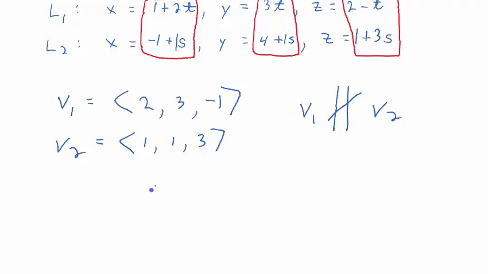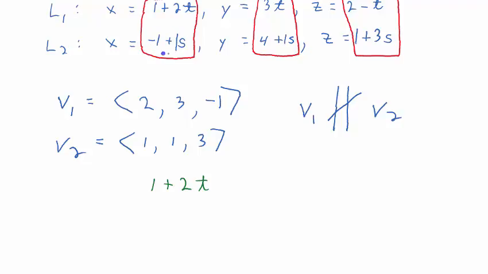Okay, so the system of equations we're going to create here: 1 plus 2t, this x value in terms of t, or first component in terms of t, in L1 is set equal to the first component in terms of s. When I say component, I'm thinking of it as a vector valued function.